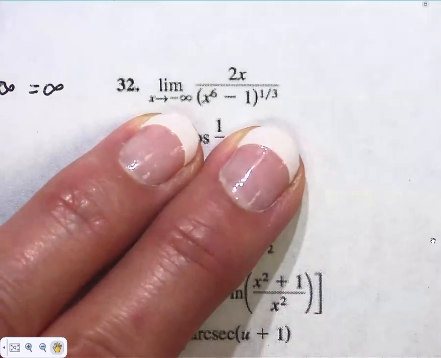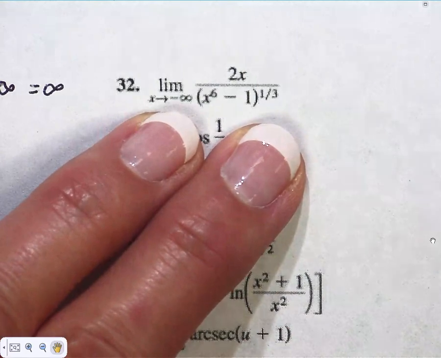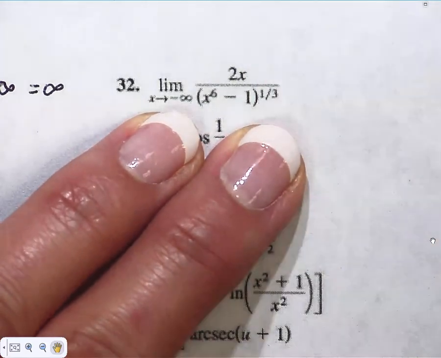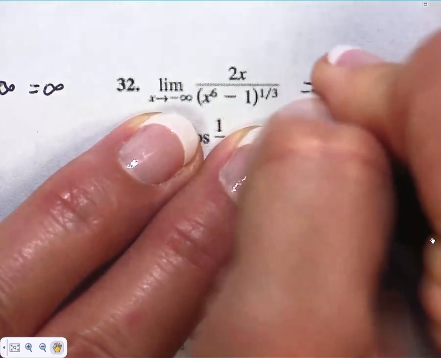And so what's that limit? Yeah, the numerator is first degree, the denominator is second degree. If the denominator is getting big faster than the numerator, the whole thing's going to 0.